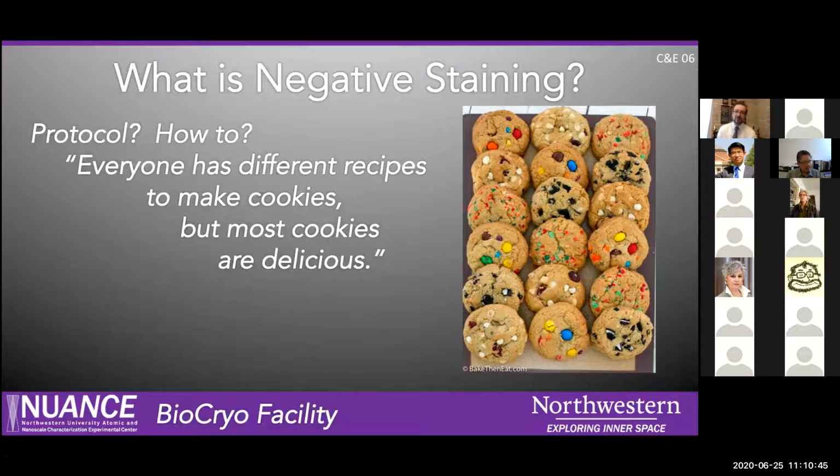So Charlene, do you want to talk about how you negatively stain and how you've always done it? Yeah, this is one of the things that prompted some of the details in this presentation. I usually use a glow discharge grid, usually Formbar and carbon, sometimes just straight Formbar.